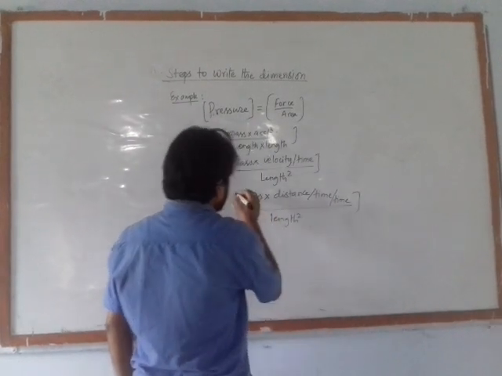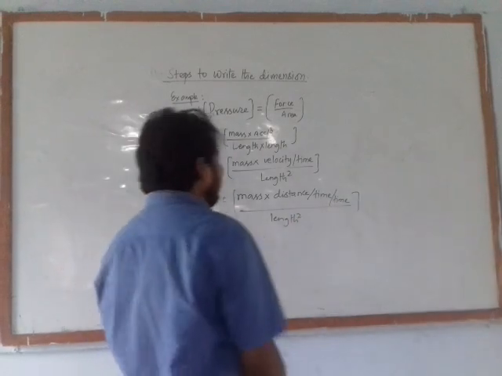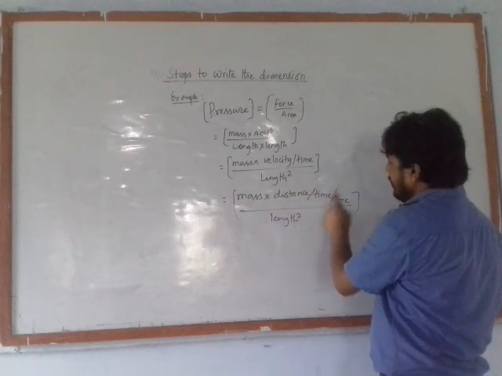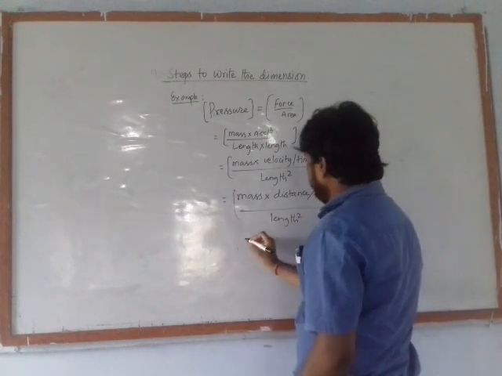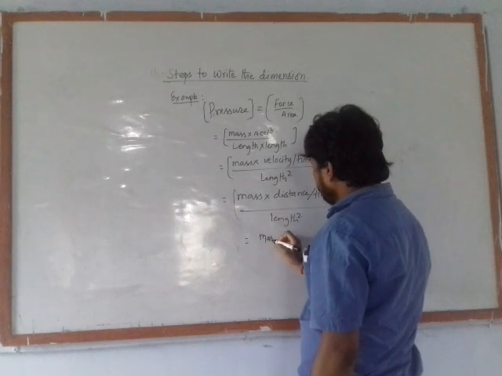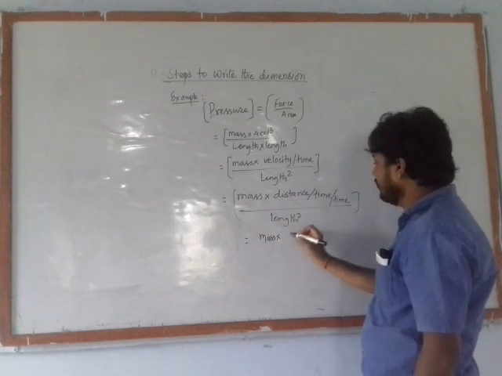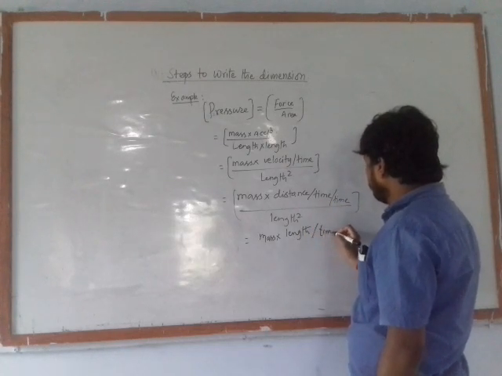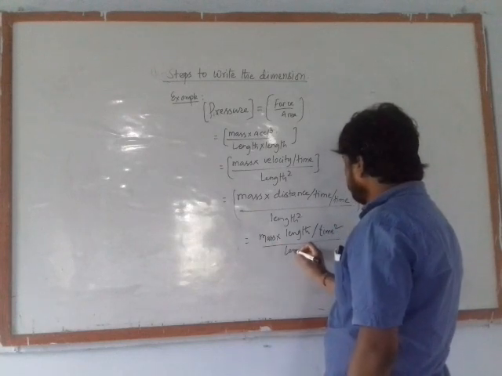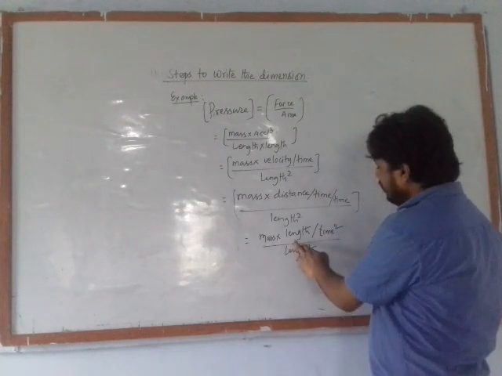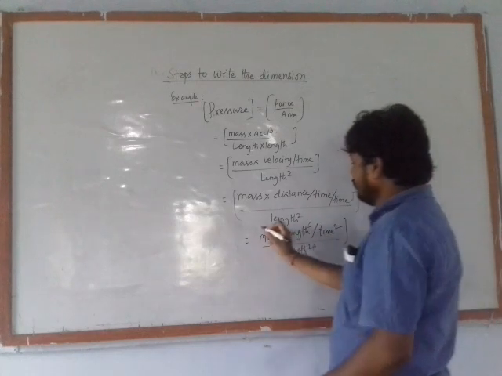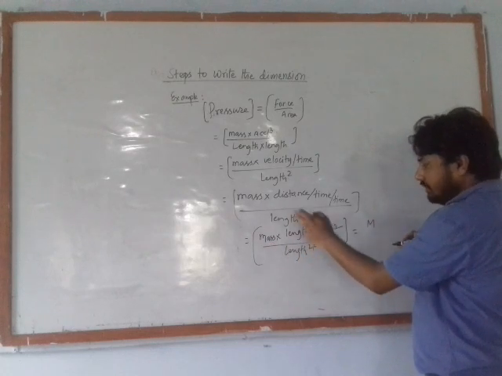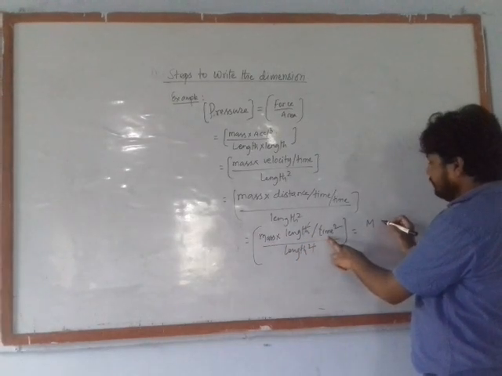It is not going to cancel out because here is also one slash, here is also one slash. Here mass will be mass, fundamental quantity itself. Distance is length. Then time square, then divided by length square. One length and one length will cancel here. So mass I will write here. One length is already gone. So here is time square.